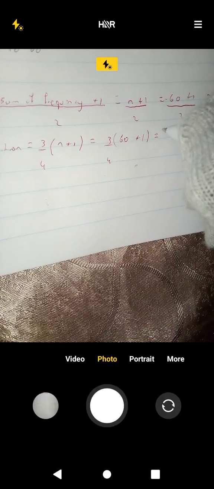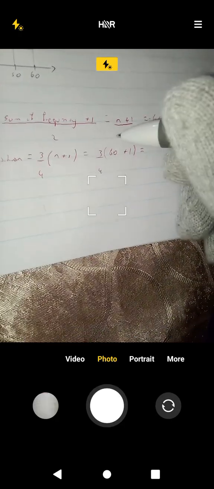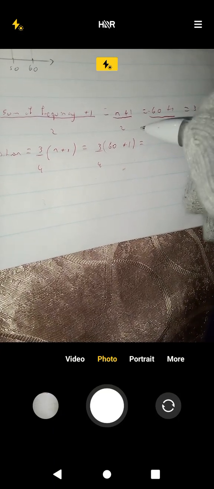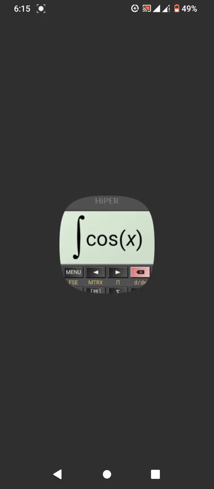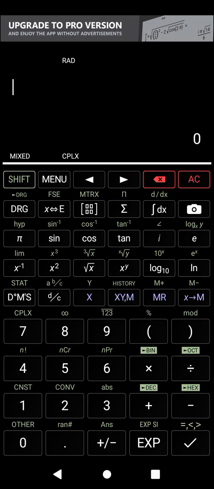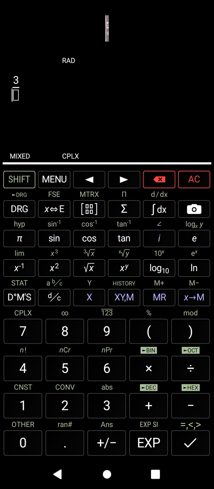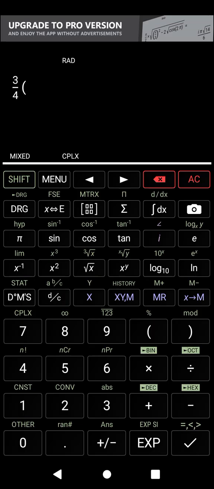Which should be 30.5 times 3. Okay, let's use our calculator. So we need 3/4 times 60 plus 1.